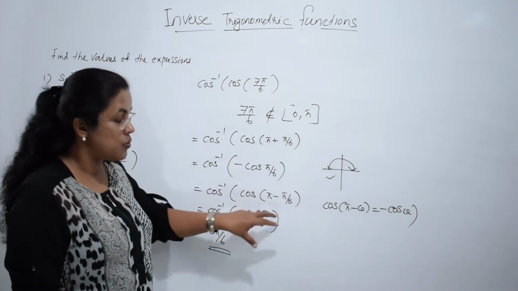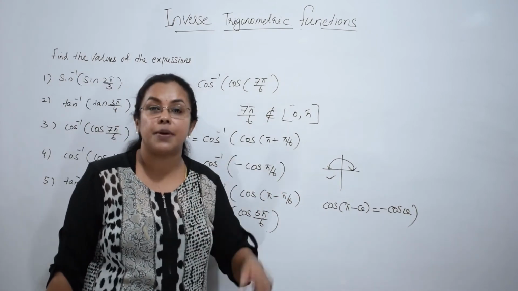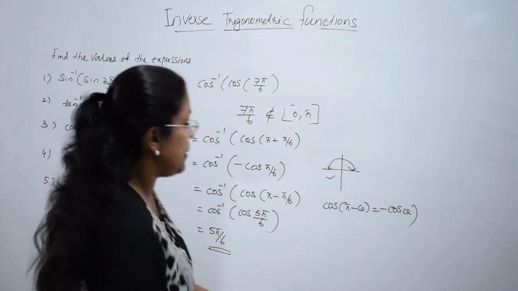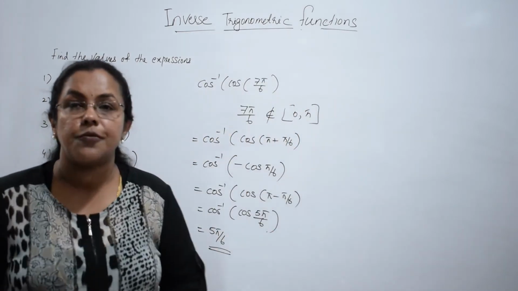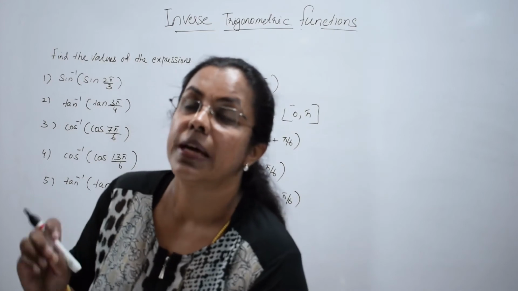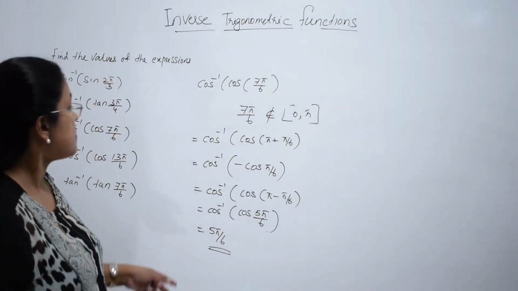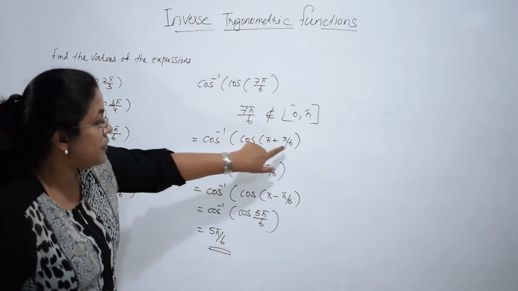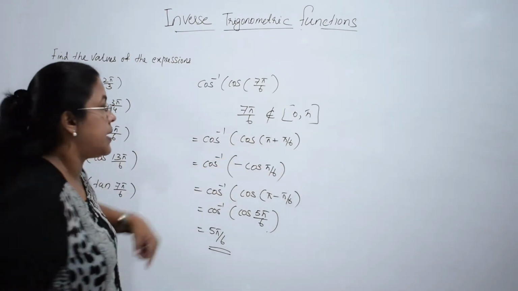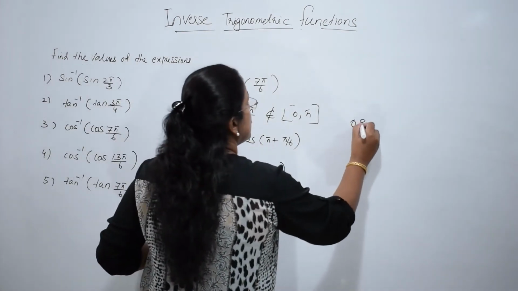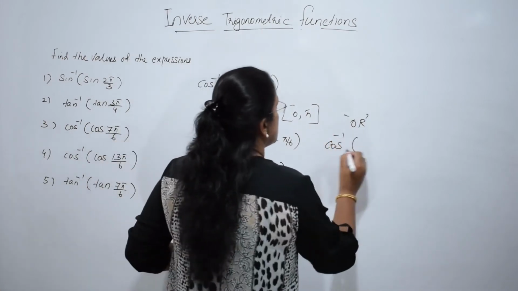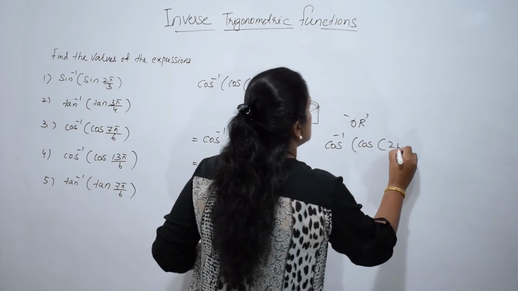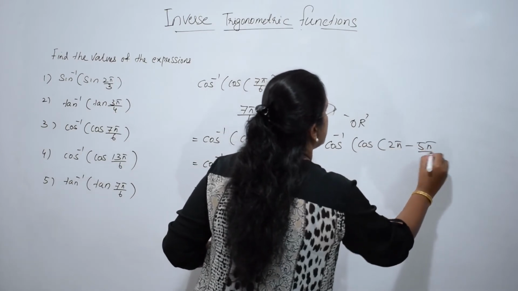Instead of doing 2 steps, we can write it in 1 step itself. How can that be possible? I am explaining it. Which one is easy for you? Do in that method. Here, instead of writing it as pi plus pi by 6, we can write it as cos inverse cos 2 pi minus pi by 6.